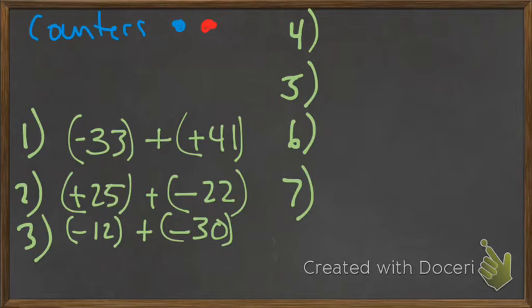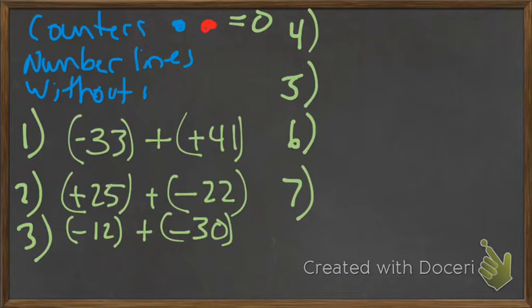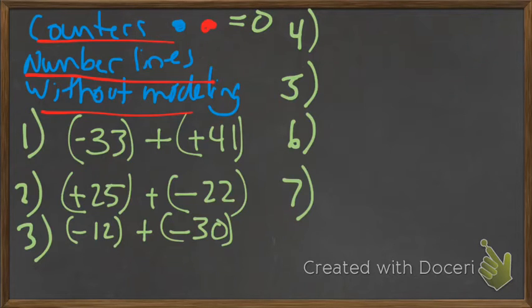You can use number lines, or you can do it without modeling. If you're able to do it without modeling, go for it. If you feel like you need to use a counter, go for it. If you want to use a number line, up to you.